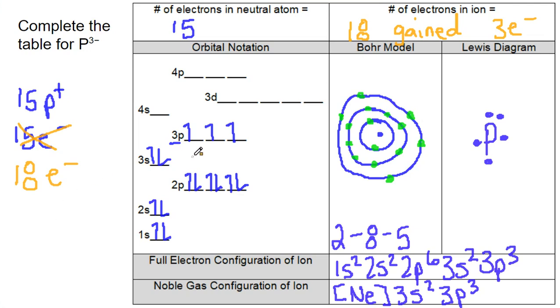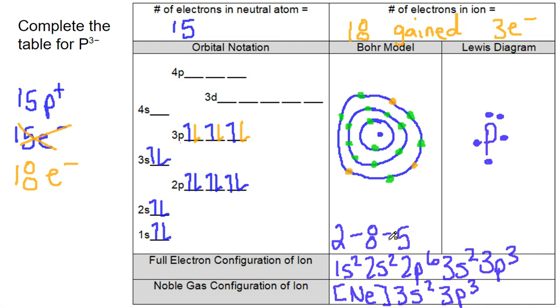It looks like there's actually 3 positions for electrons open in the 3p sublevel, which is convenient because that's exactly the number of electrons that were gained. So let's go ahead and add those in here. 1, 2, 3. Okay. We'll go over to the Bohr model. This atom gained 3 electrons, so I need to add those. 1, 2, 3.